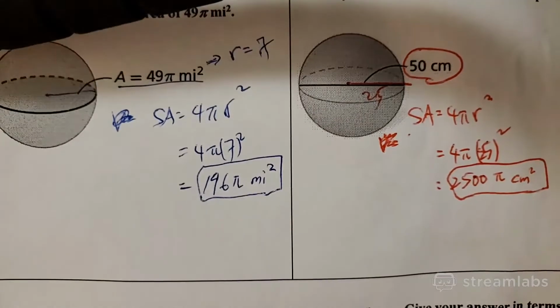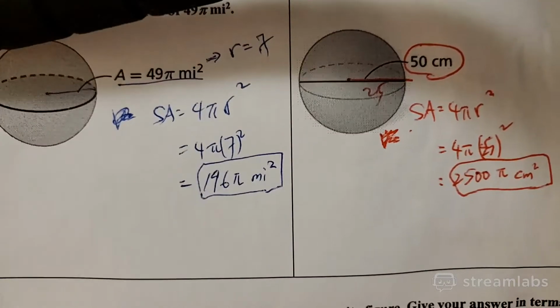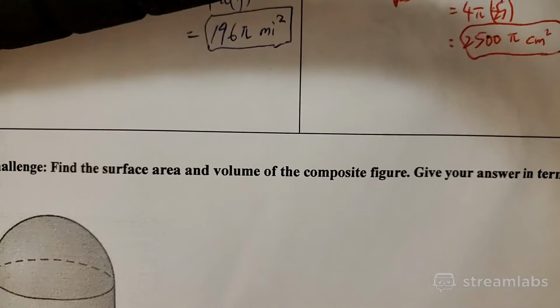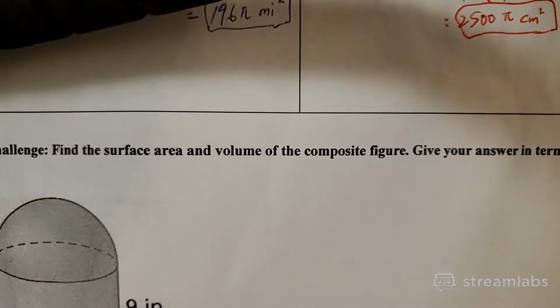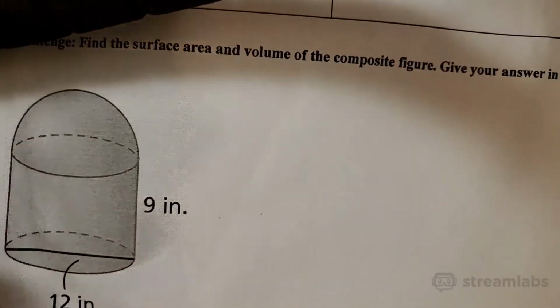All right. Last part. I'll give you some time for the last part. There are two things you need to find. This is a composite figure. To find the surface area and volume.